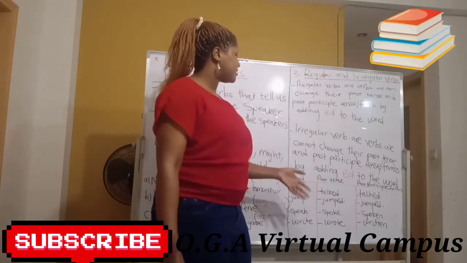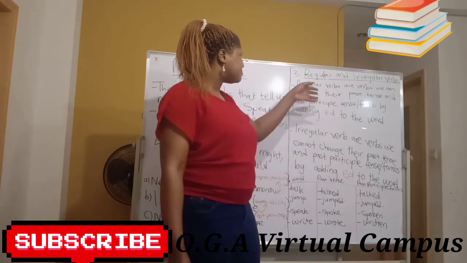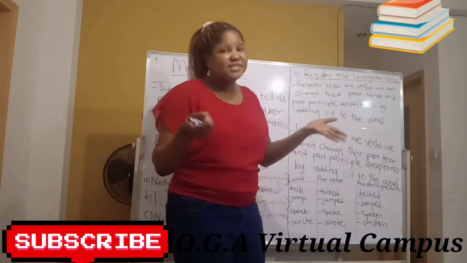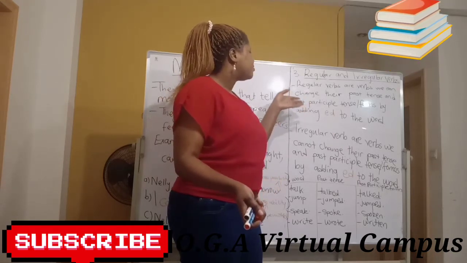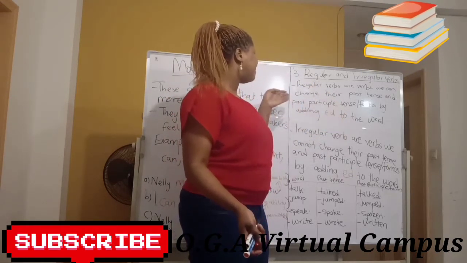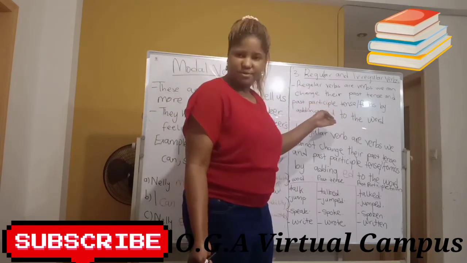Because I've realized that most of the students, they don't understand the difference between a regular and irregular verb, but it's very simple. A regular verb, to change to a past participle form or a past tense form, you just add ed.